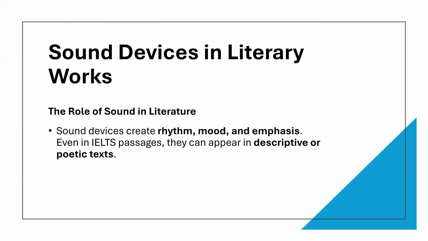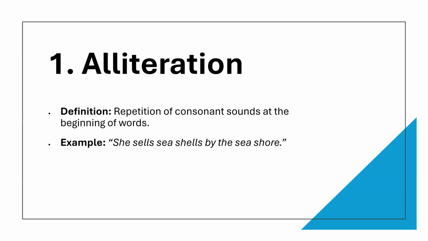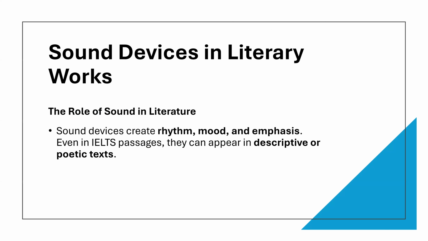Sound devices in literary works. I think we haven't really talked about this. There's the role of sound in literature. Sound devices create rhythm, mood, and emphasis, and in IELTS passages they can appear in descriptive or poetic texts.